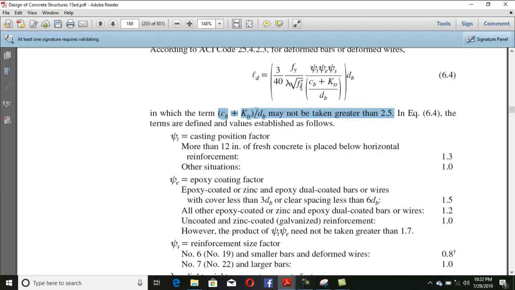In equation 6.4, the first defined value is psi t, the casting position factor. As I mentioned in the prior discussion, it depends on whether your reinforcement is top reinforcement or bottom reinforcement.